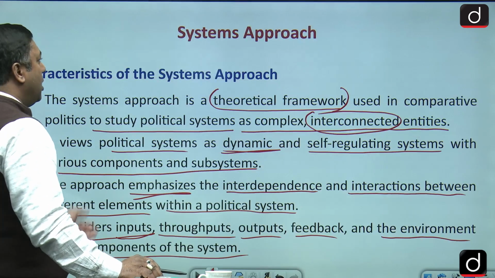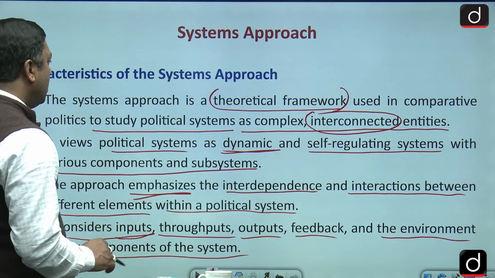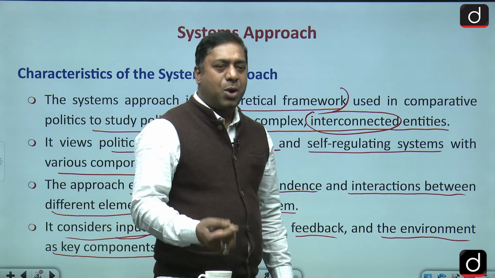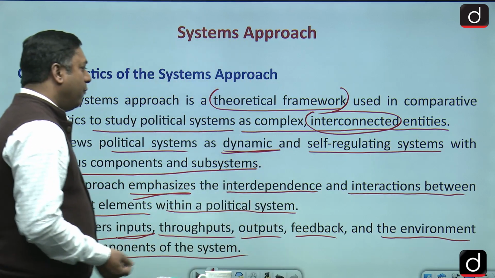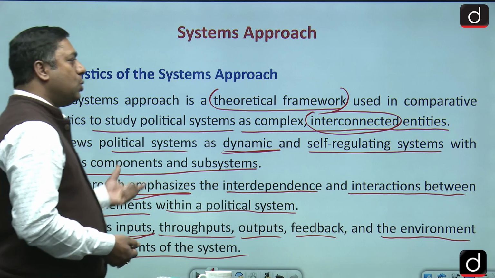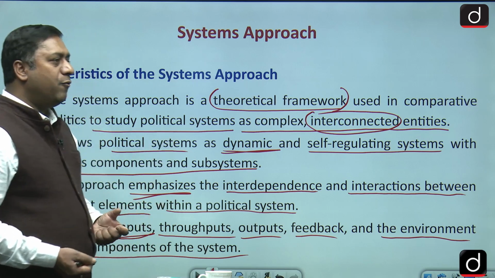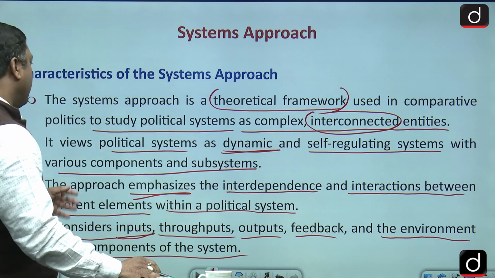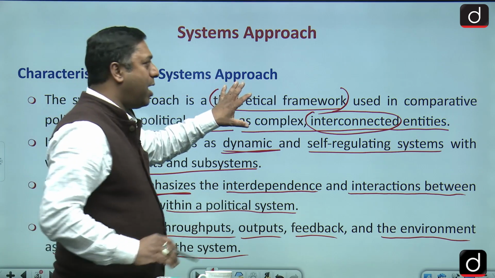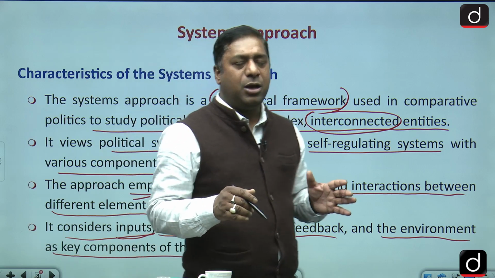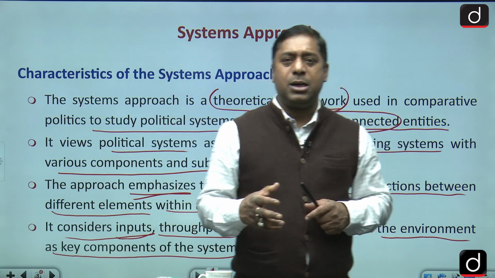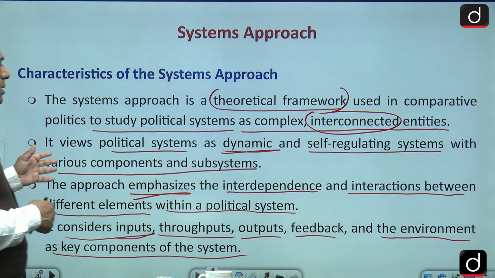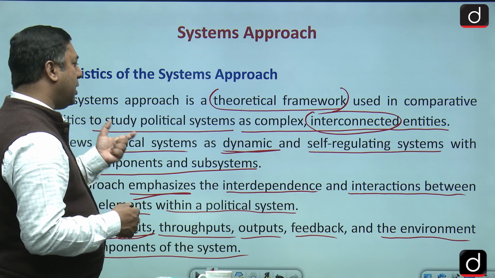But what about the systems approach? Here the systems approach is trying to give a theoretical framework, which is used in comparative politics to study political systems as complex interconnected entities. Okay, this is a theoretical framework in comparative politics, and as a result, political systems are studied as complex interconnected entities.